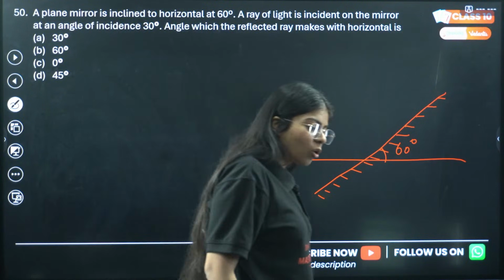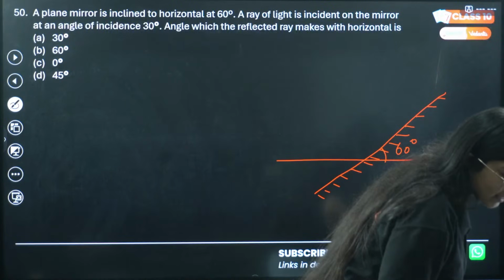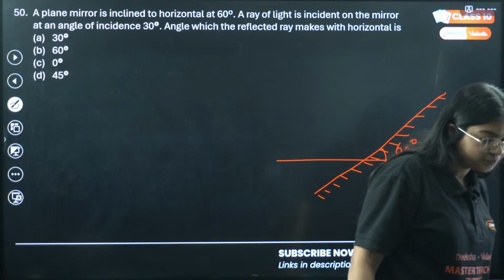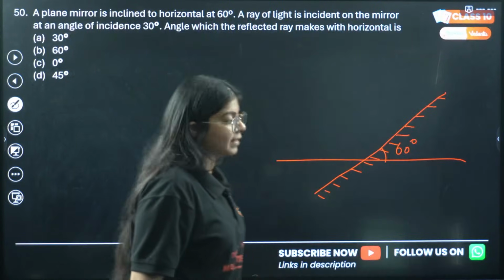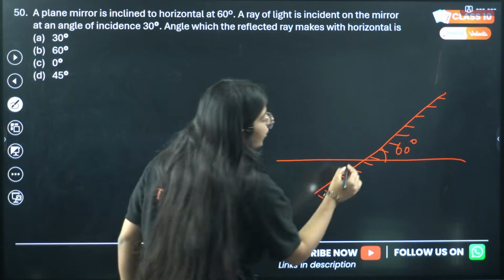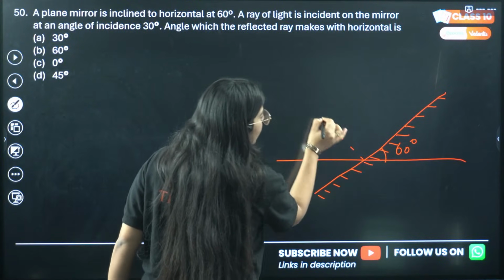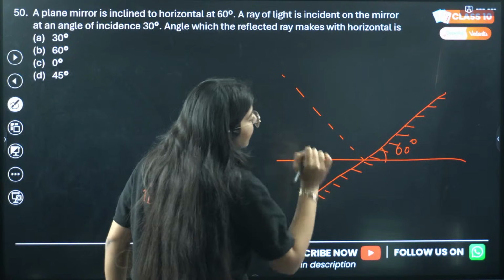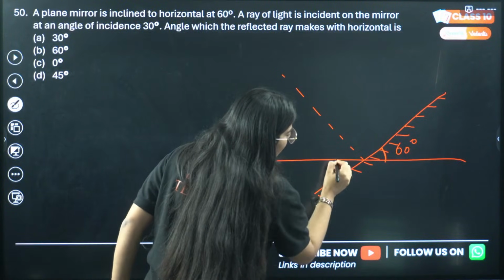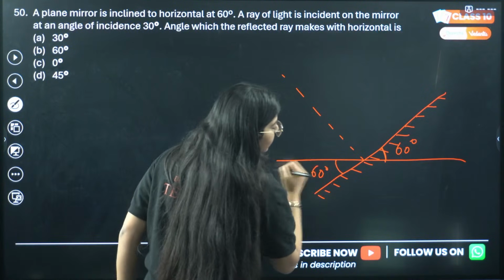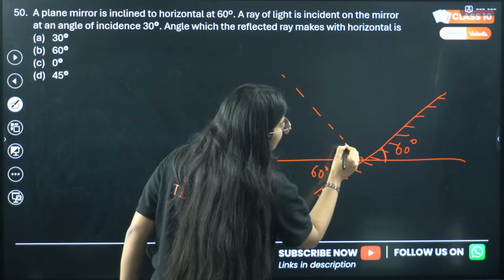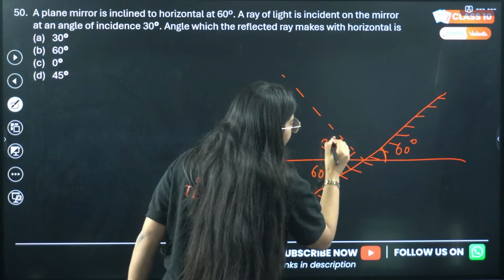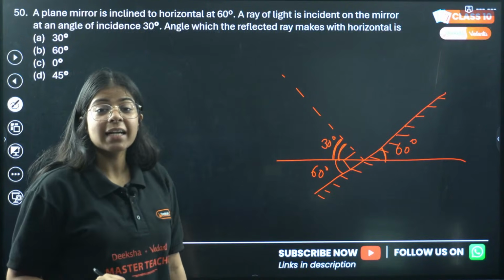Now before drawing this angle, Ascent is saying 0 degree, Abhimanyu is also saying B. Okay, let's see. Now what I want you to do, before this, make a normal to the plane mirror. Now this is 60, so this angle is also 60, correct? And this whole is 90, so this angle is what? This is 30 degrees.